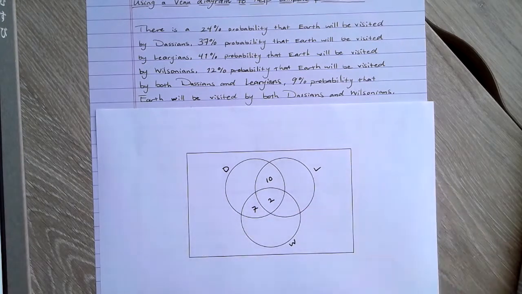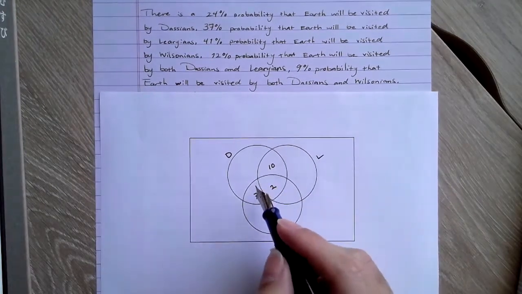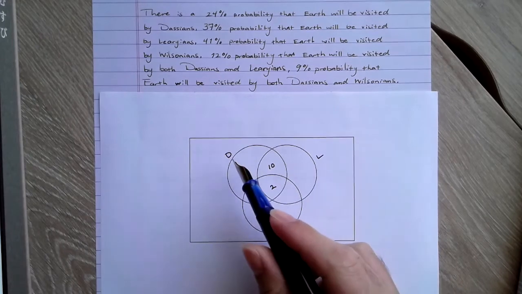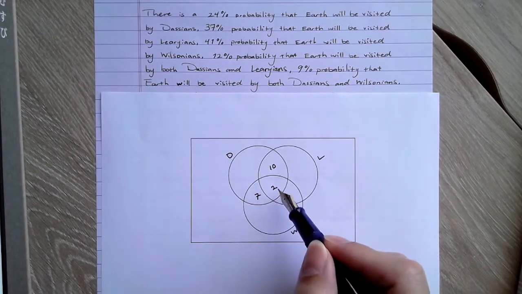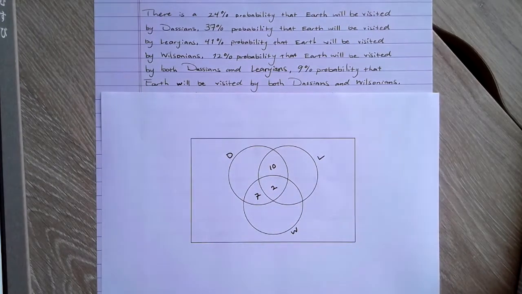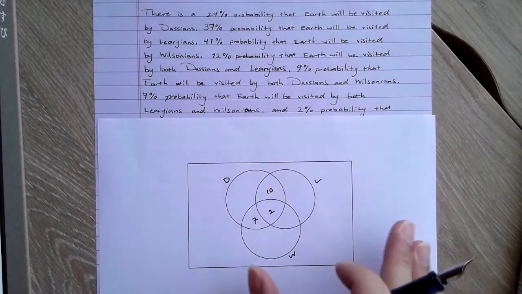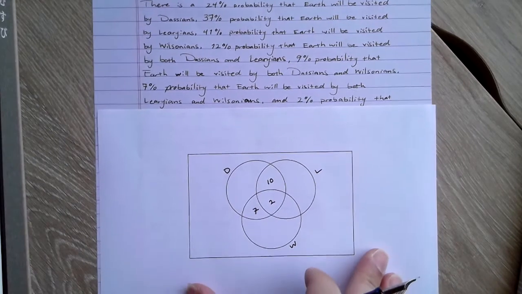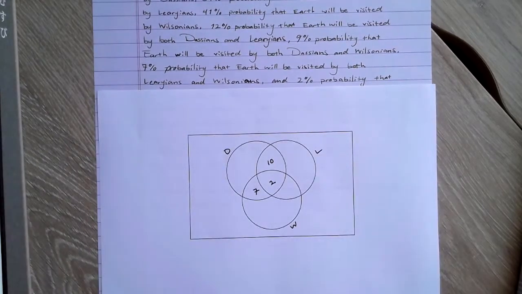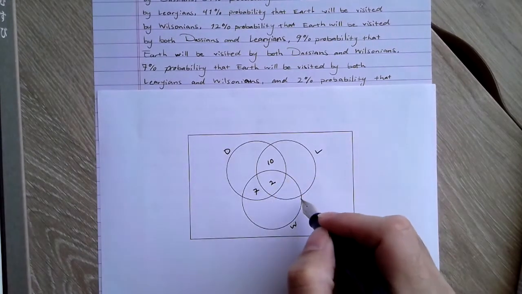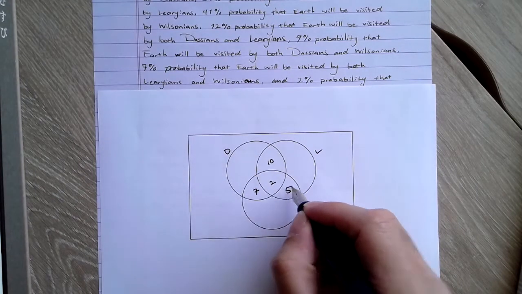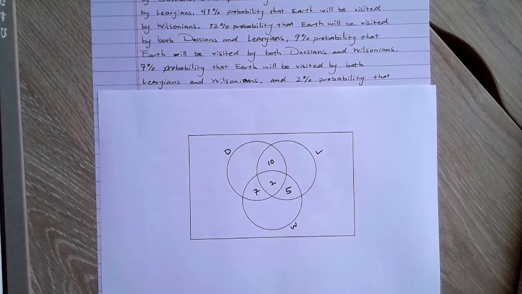So there's a 7% probability that Earth will be visited by Dacians and Wilsonians, but not all three. And let's take a look at this Lyrians and Wilsonians section. There's a 7% chance in this whole region. So there's 5 for just this region.